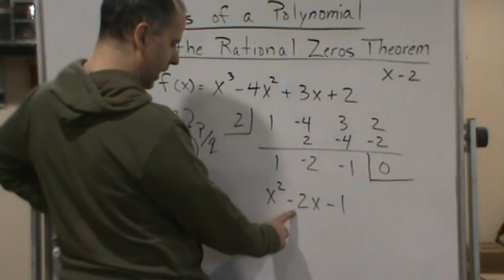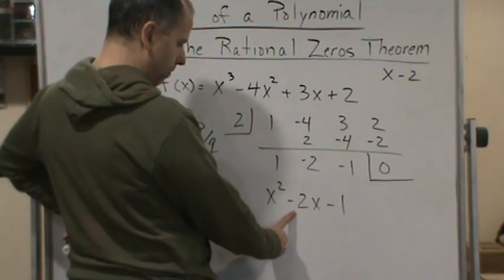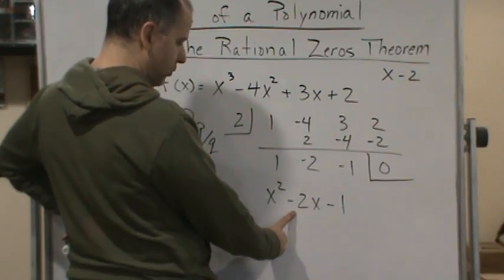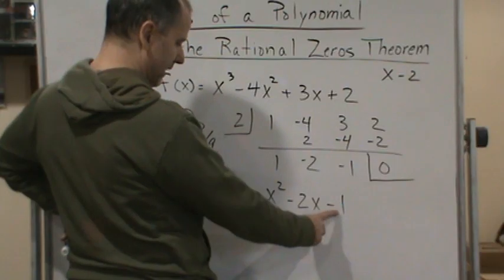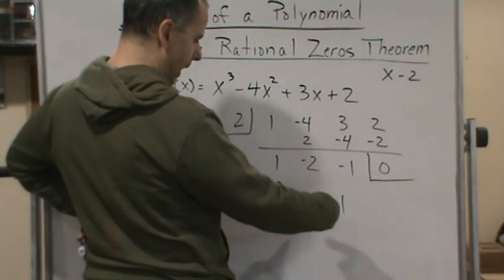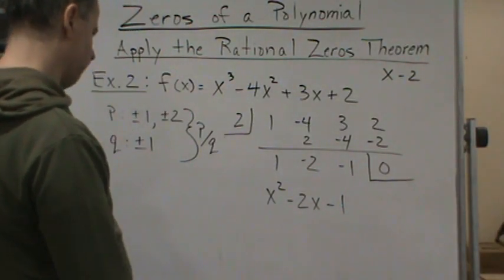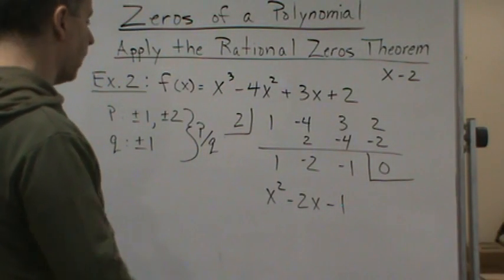To add up to negative 2, they would have to both be negative, and you can't have that. Since you have negative 1, you'd have to have opposite signs.